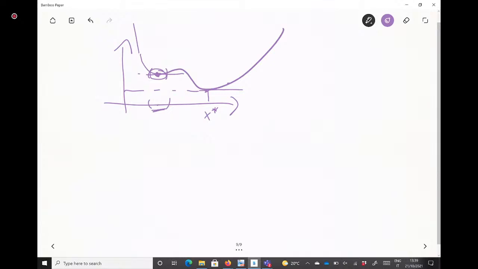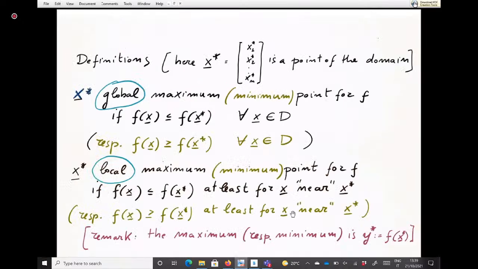I prefer to give the definition using the word near, which is mathematics, because it can be made rigorous, but it is also very intuitive. At least for x near x star, but the property is the same as above. The maximum, or respectively the minimum of the function, is denoted by y star, which is f of x star.